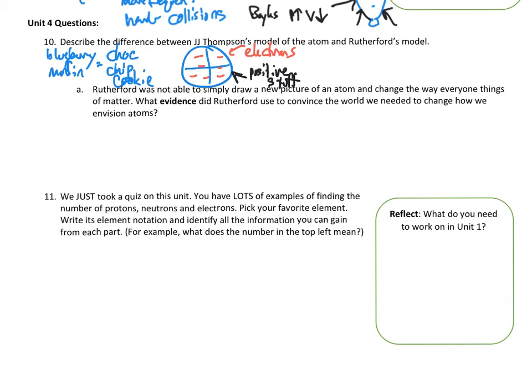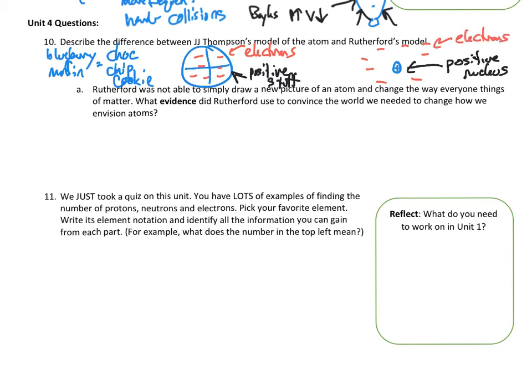Now, when we come along to Rutherford, Rutherford condenses all of that positive stuff into a tiny little space. So now, instead of stuff, we have a positive nucleus. And then those electrons are all around on the outside. These are still my electrons.